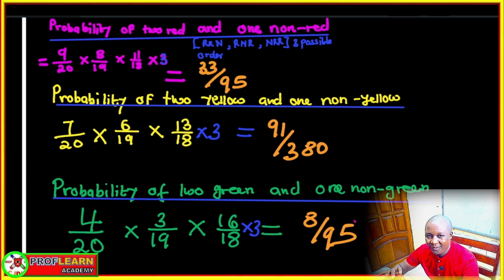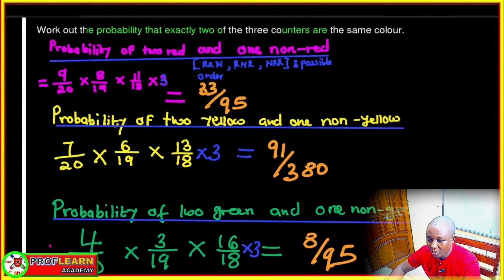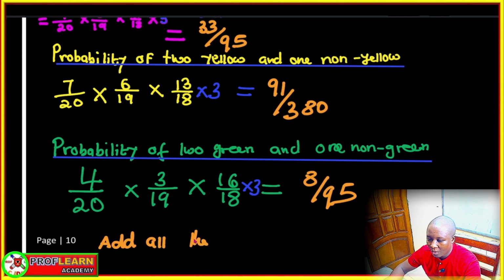Once you have all these different probabilities for having exactly two same colors and one different one, we add everything, all the probabilities, so that we can get the final answer.